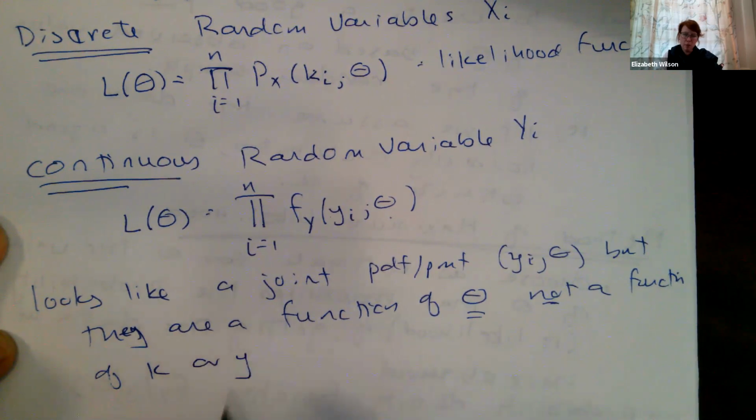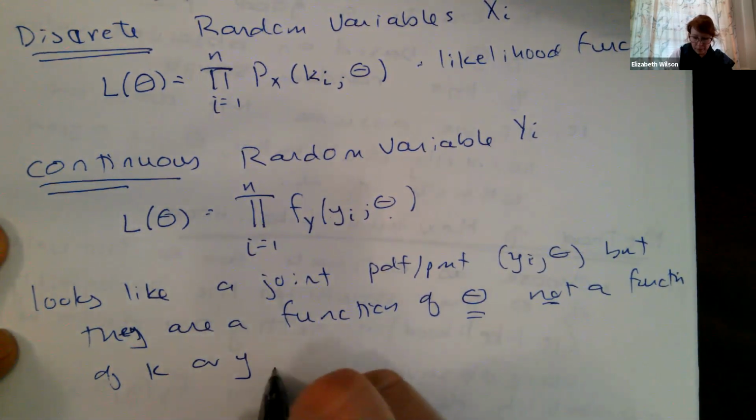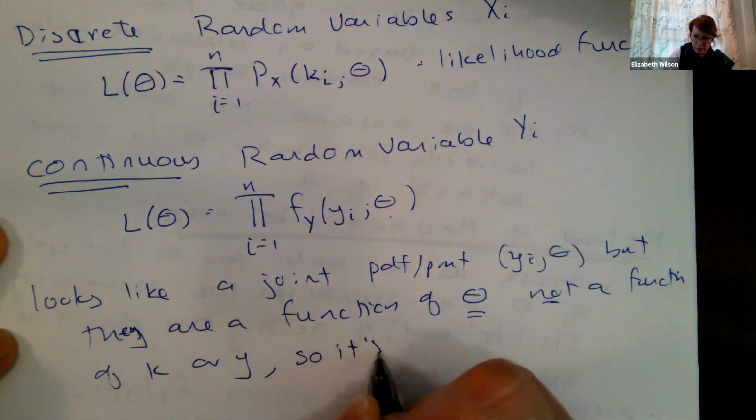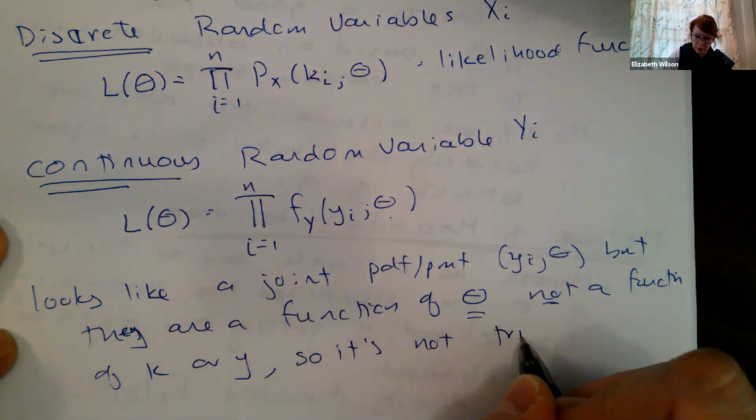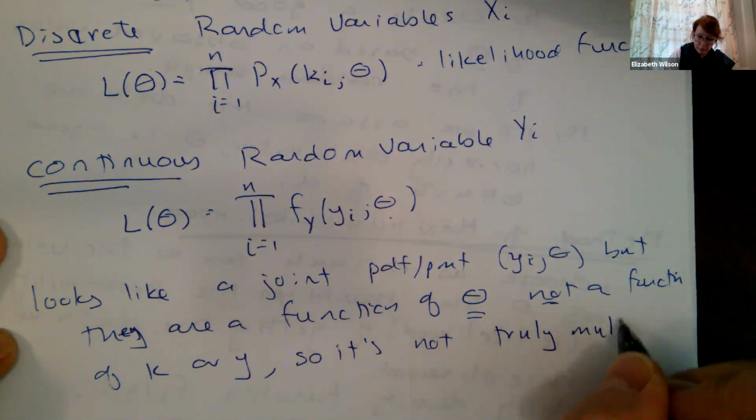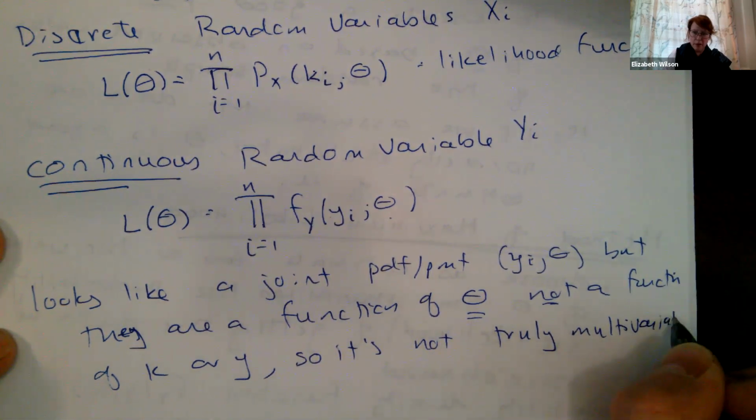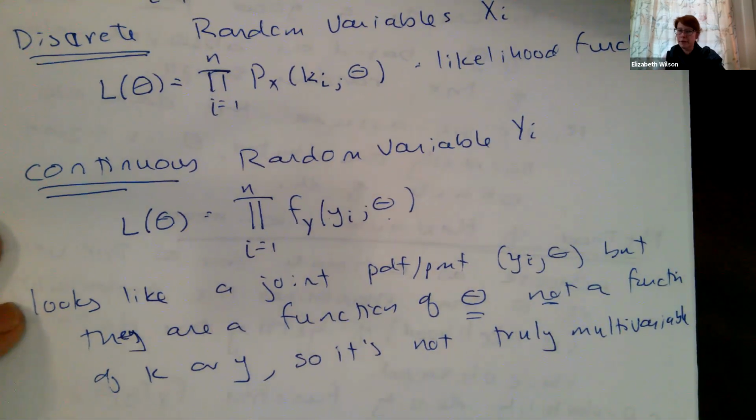We already know k and y are our observed values. We already know what they are, so it's not truly multivariable. It looks multivariable because I've got multiple variables in there, but really theta is the thing that we're looking for.